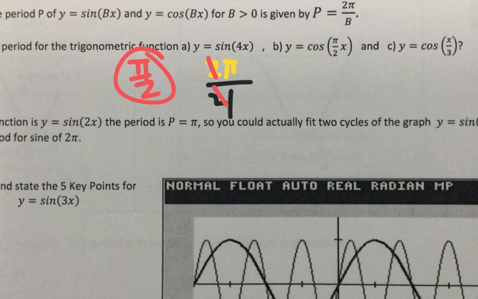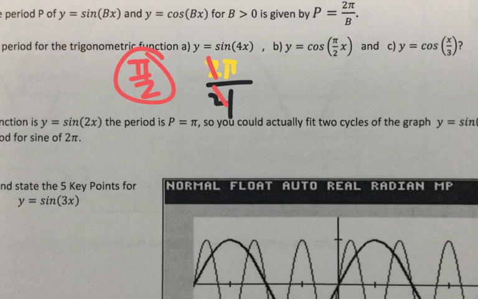High point, back down, low point, here. High point, back down, low point. Again, rough sketch. But that's what's happening. My graph is being changed with a period change. This is what it looks like.